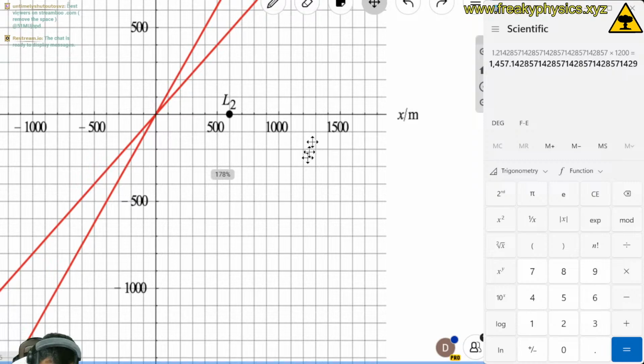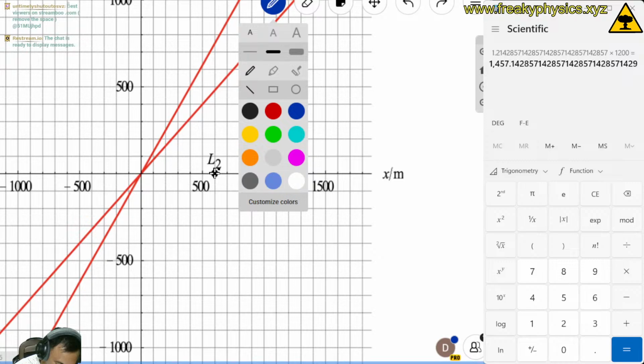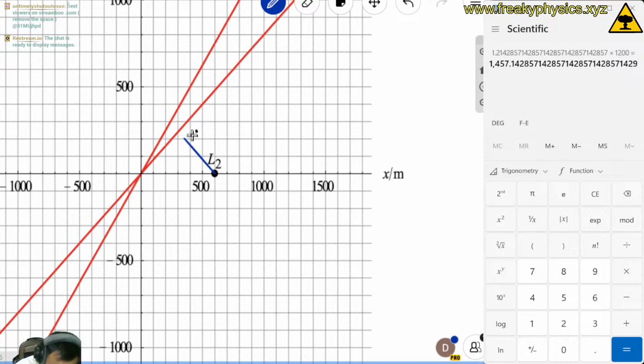So L2 gets to the rocket at some time, and we need to draw the world line of the rocket. Sorry, not the rocket, the light. You know what? That's gonna make it easier. This is 500, 500. So the world line's gonna be here to here.